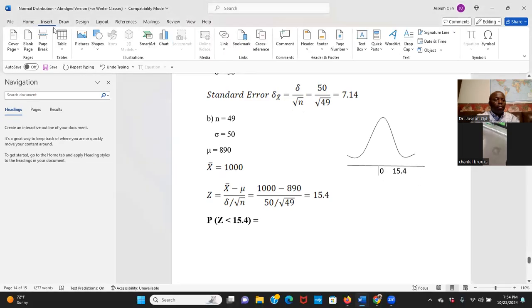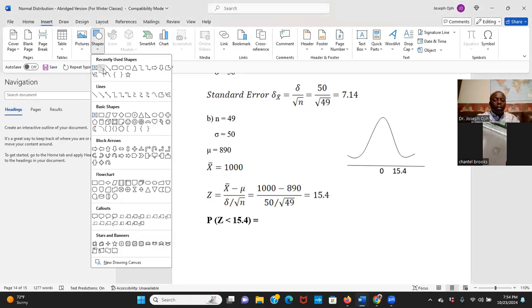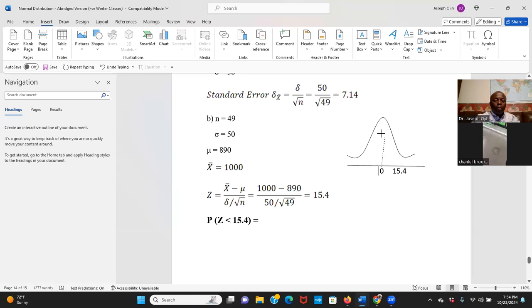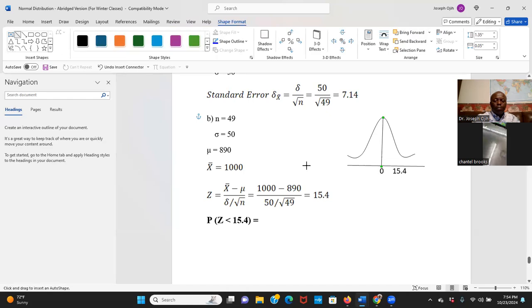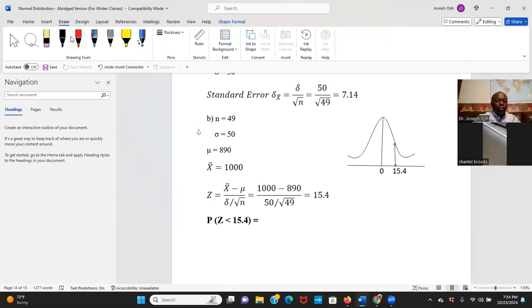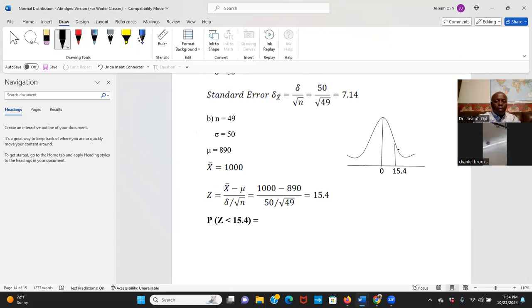Now the center line is right here. Then put the line that represents 15.4. Now you can shade it. This represents greater than 15.4.